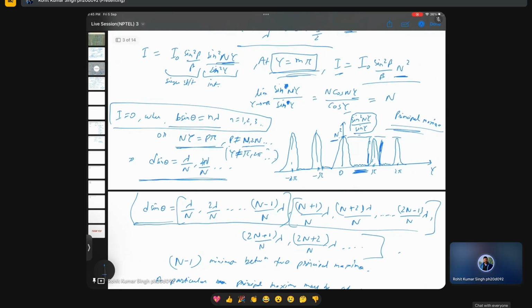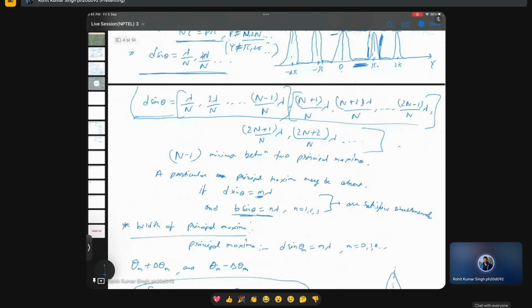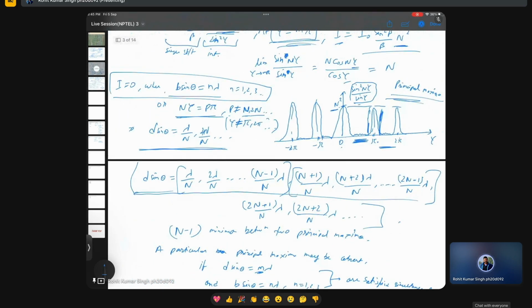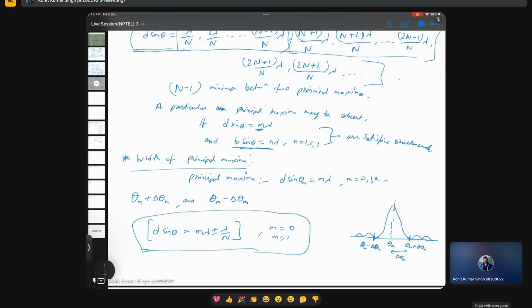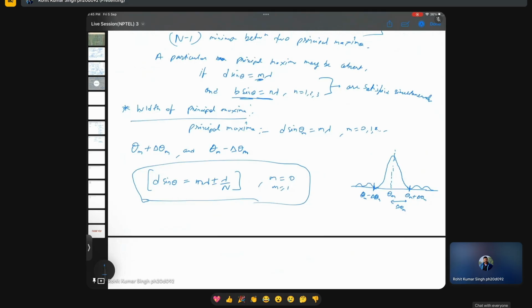So basically m corresponds to all these principal maximas, and then you have n minus 1 minimas in between them. So that is basically the criteria for minimas. Is this fine? Okay, great.